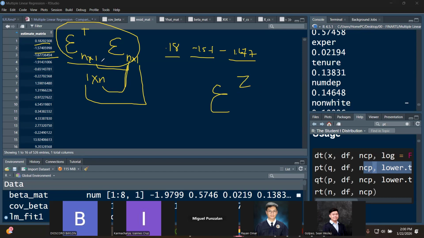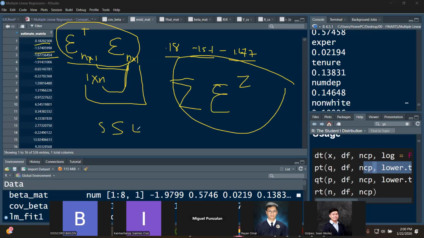Since we only need a 1 by 1, this is summed up. We're summing up the epsilon squared. So this value, class, epsilon squared sum, is your SSE, the sum of the squares of your residuals, of your error terms.